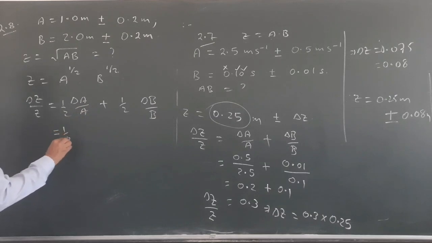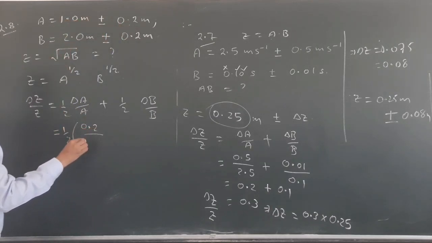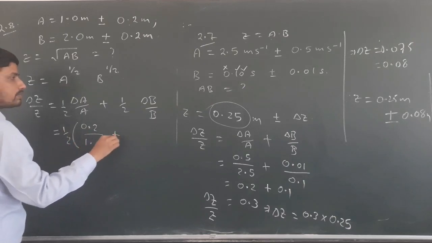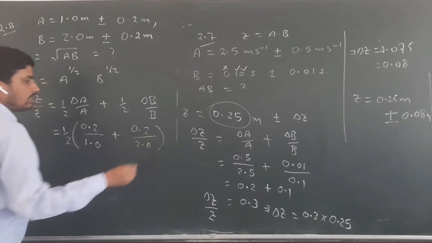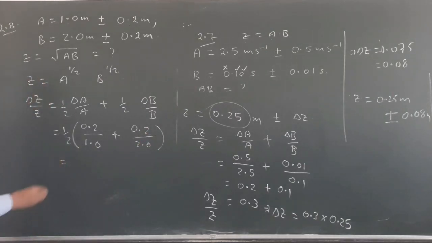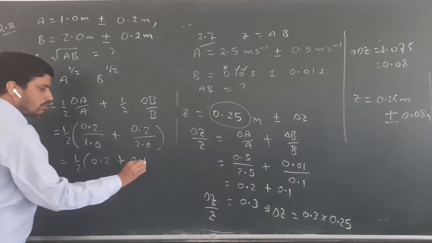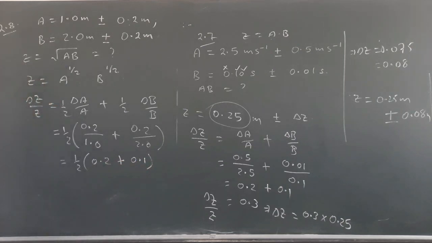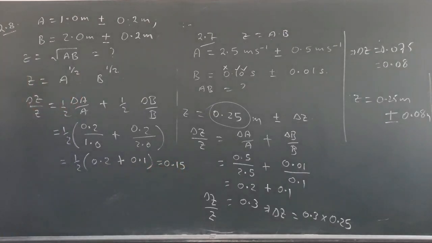So half I am taking common. So delta A by A will be 0.2 by 1.0 and delta B by B will be 0.2 by 2.0. So this becomes half, this becomes 0.2 plus this becomes 0.1. So this sum is 0.3. 0.3 by 2, 0.15. This is delta Z by Z.